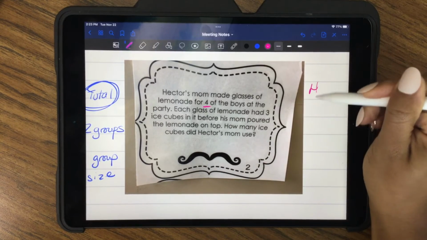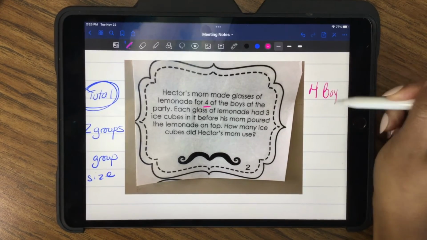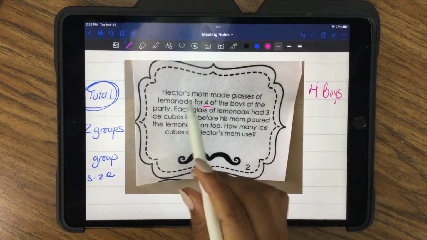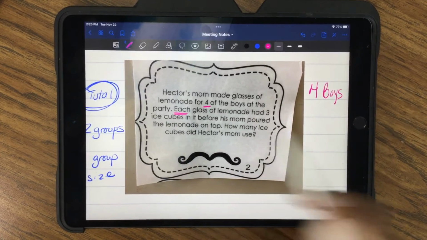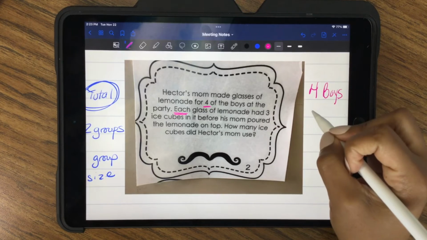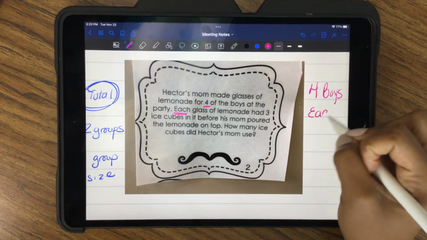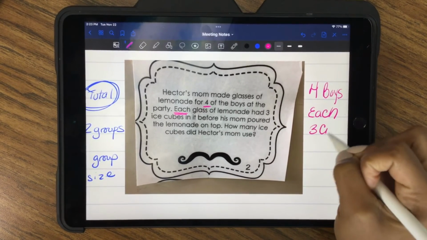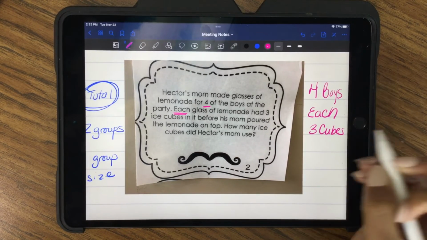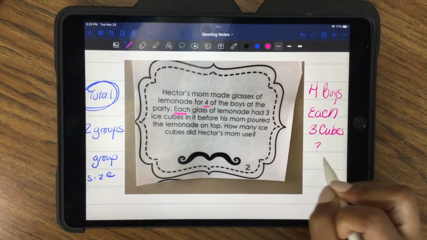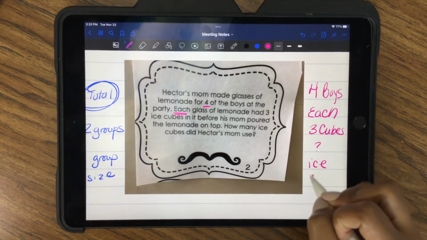We got 4 boys here. And then each glass of lemonade had 3 ice cubes. And then it wants to know how many ice cubes did she use?